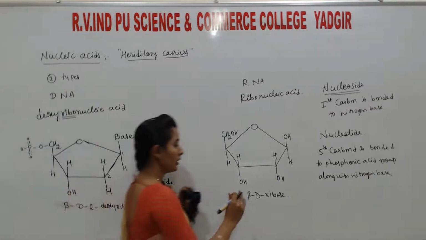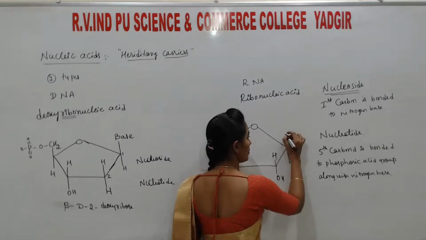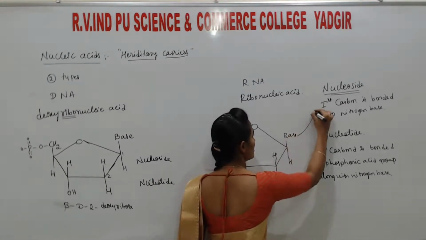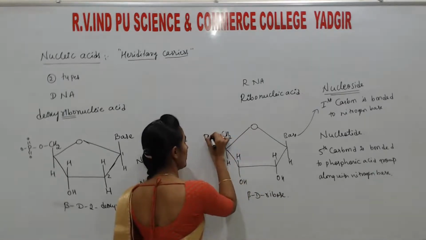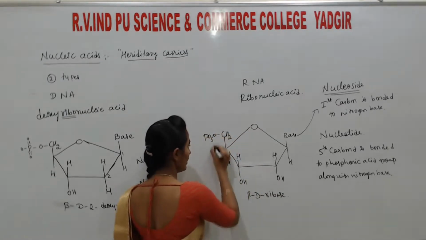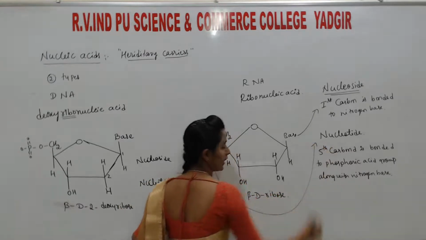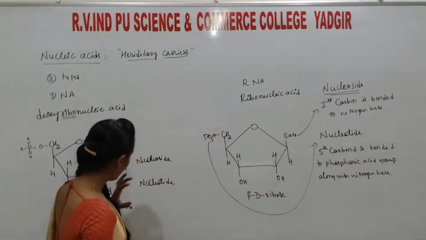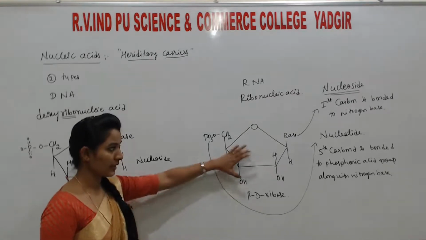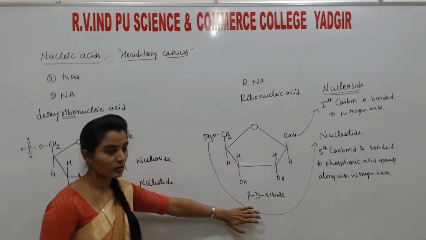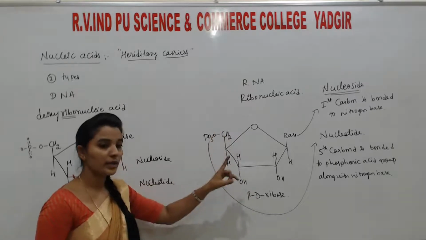Here also, in this ribose, if it is bonded to a base, then it is a nucleoside. Along with the base, if it is bonded to phosphoric acid also, then it is a nucleotide. Are you getting? RNA and DNA cannot be present as ribose sugar alone. They are in the form of nucleoside and nucleotide.